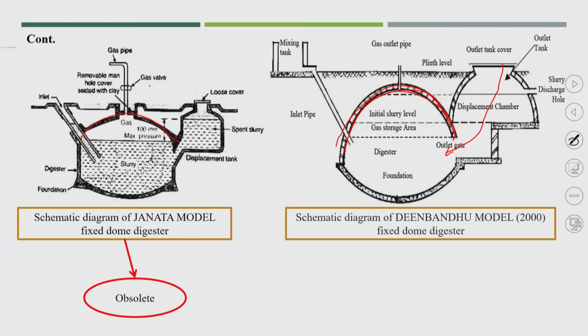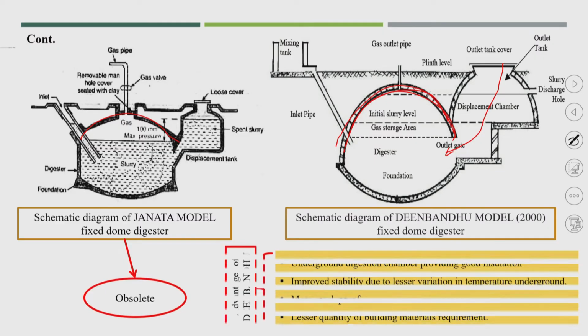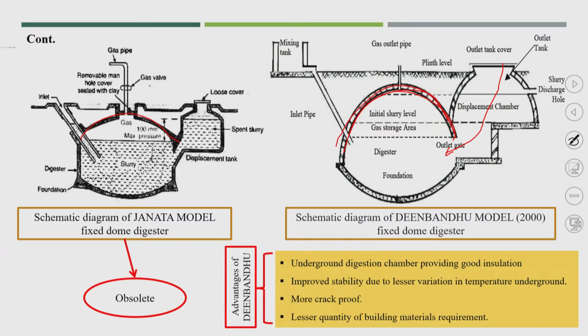That is why the Janta model became obsolete, now nowhere you will find it. And the Deenbandhu model has other advantages: underground digestion chamber providing good insulation. You see here this entire area, this is the earth plinth level.